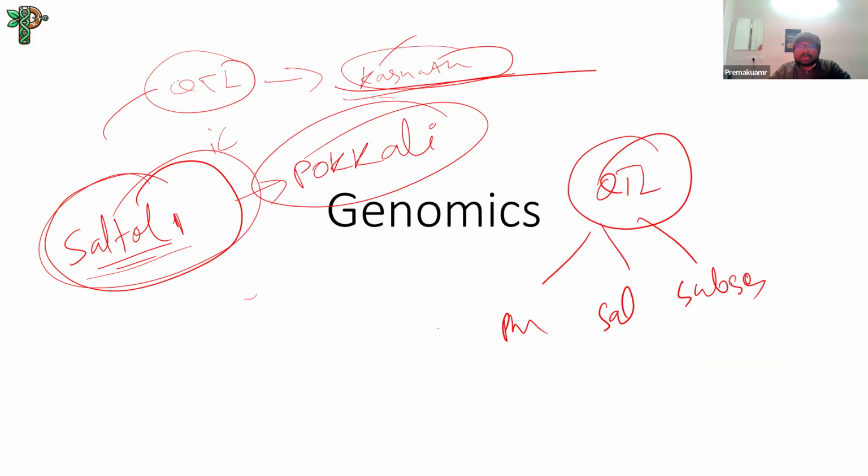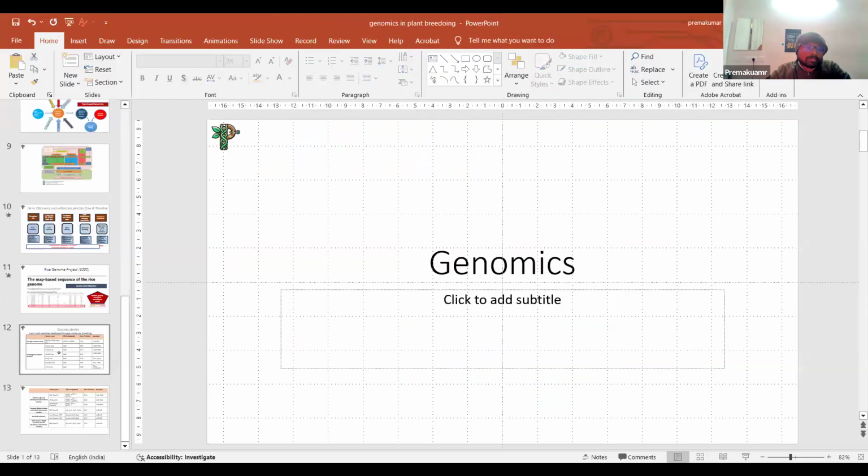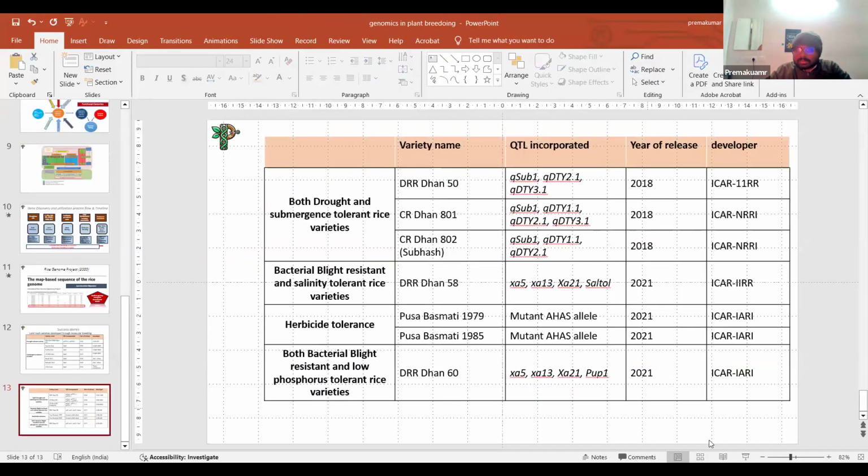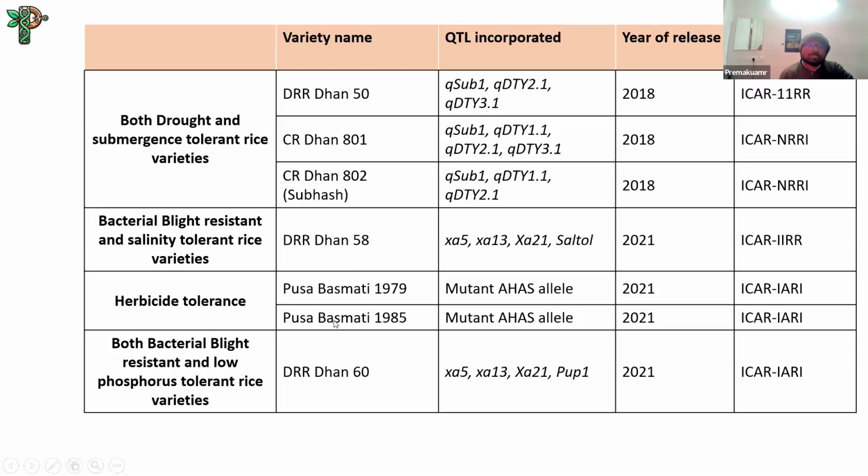And in ASRB, they have directly asked questions from the paper itself. Then another one is Pusa Basmati 979 and Pusa Basmati 985. So very, very important. And this year also there was a question asked on this slide.